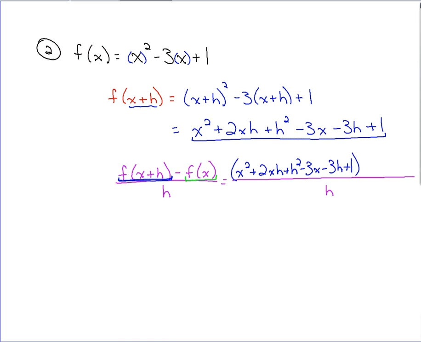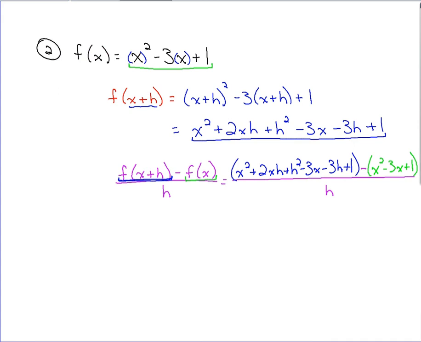We are then subtracting f of x. f of x is the original function. So the original function up here, x squared minus 3x plus 1, we put that in. We've substituted for each of our pieces here. All of that's over h. We're ready to go with the simplifying portion now.